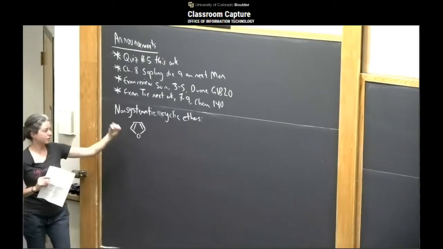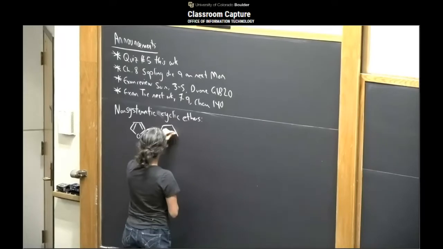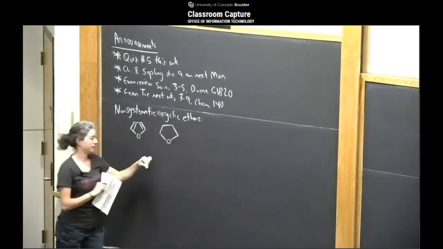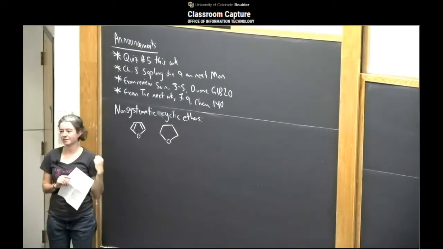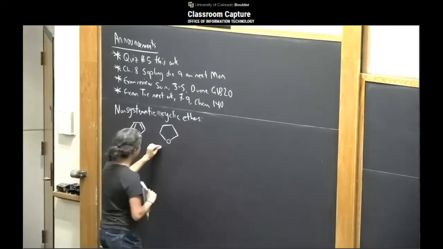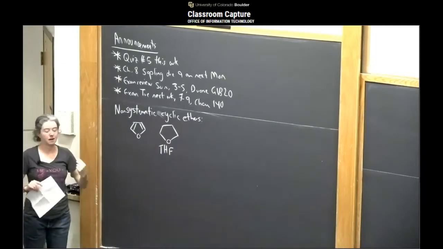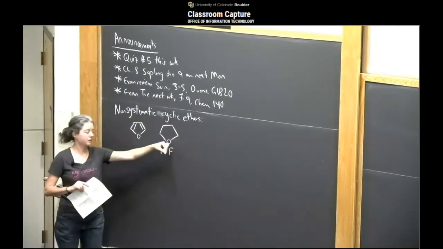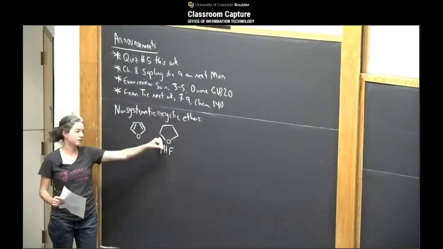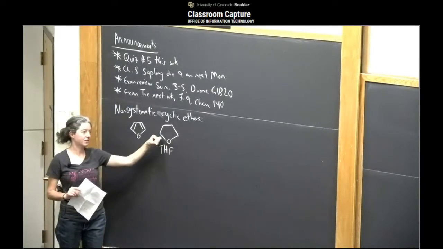All right, so let me actually draw 2 up here. Does anyone remember what this one is called, or what abbreviation it goes by? Yeah, THF. Good. It's a solvent that's really commonly used. Now that we know a little bit more about ethers, we can see that this is actually an ether. It's got an oxygen with 2 R groups on it.